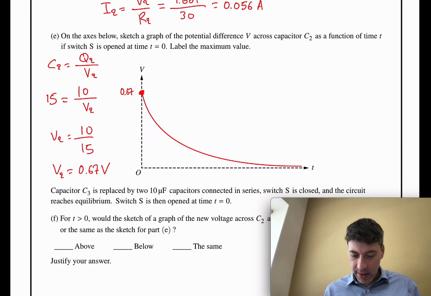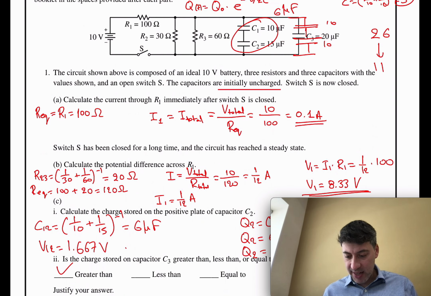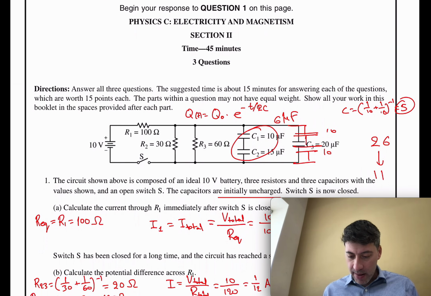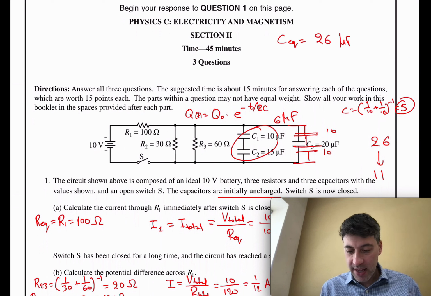Yeah, we can say that, let me just make sure that I didn't make any mistake in my calculations. The C equivalent, the total capacitance before it was 6 plus 20, it was 26 microfarad, and it becomes 6 plus 5, it becomes 11 microfarad.